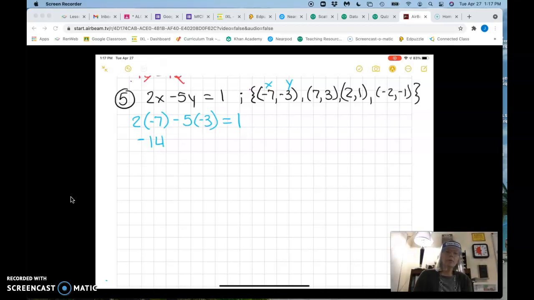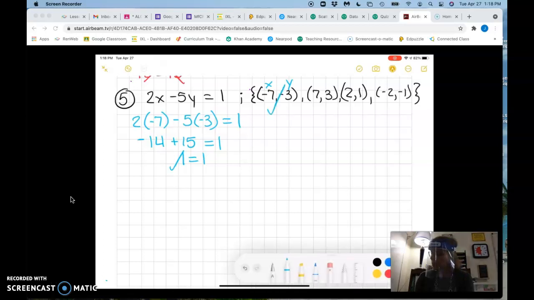And -5 times -3 is what? It's going to be a positive 15. And so -14 plus 15 is how much? 1. Does 1 equal 1? Yes. So this one works.